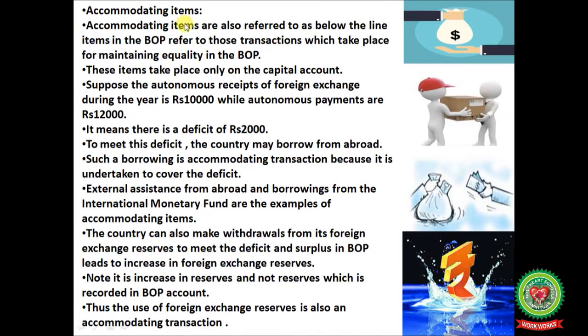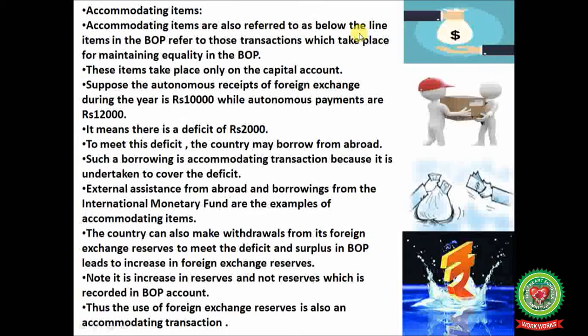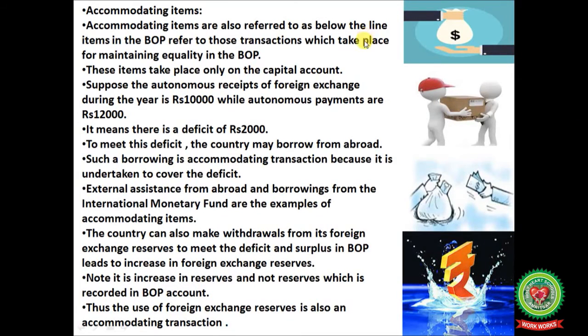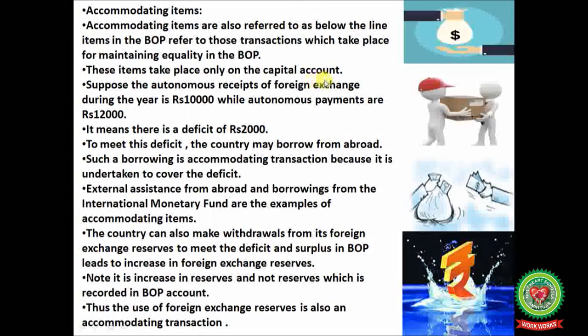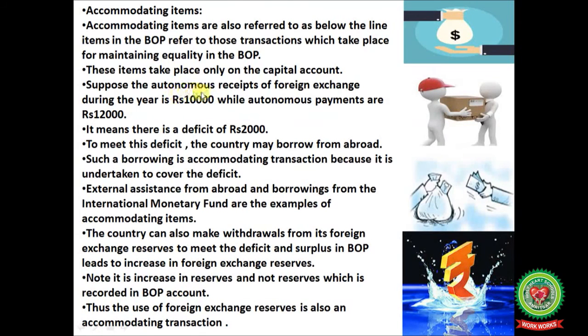Accommodating items. Accommodating items are also referred to as below the line items in the balance of payment. They refer to those transactions which take place for maintaining equality in balance of payment. These items take place only on capital account. Suppose the autonomous receipts of foreign exchange during the year are rupees 10,000, while autonomous payments are rupees 12,000.